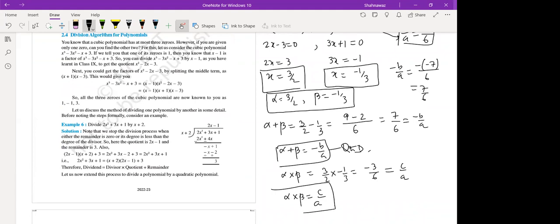So you have proven the relation between the coefficients and the zeros.